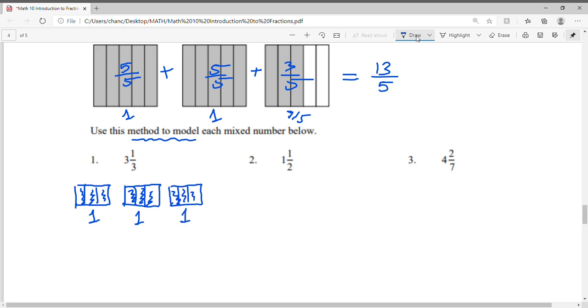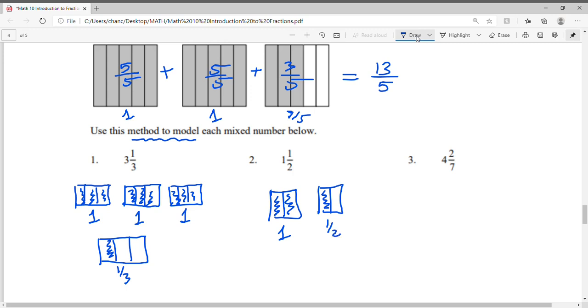This represents another whole. And now we need 1/3. And so this is 1/3. This represents 3 1/3. For question 2, I can draw 1 whole and a half. This represents 1 1/2.